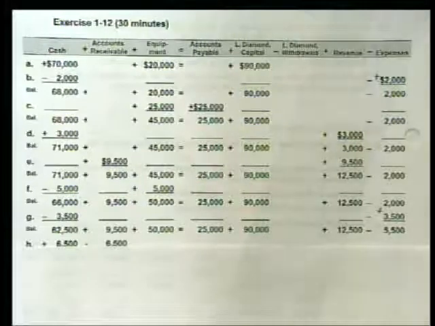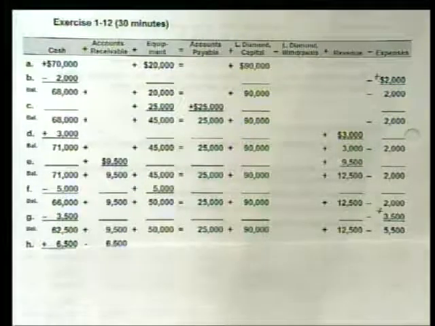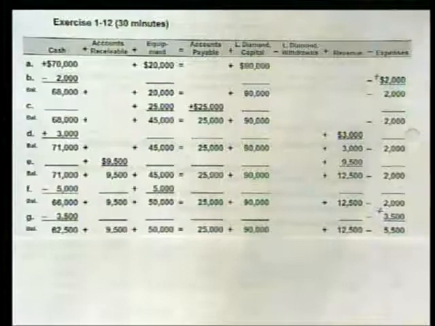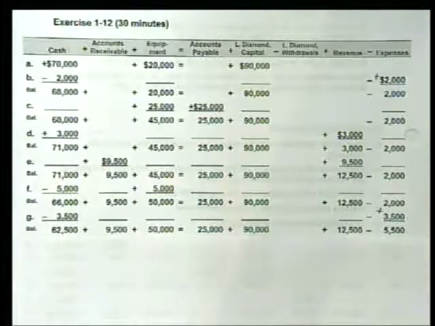Everything's good. What about situation H? You don't do anything, right? Because it's already been. Okay, it's a good question here. Let's read what it is. The company collected $6,500 cash as a partial payment for the amount owed by the client in transaction E. You are absolutely correct that we do not recognize revenue here, right? Because we've already recognized the revenue.